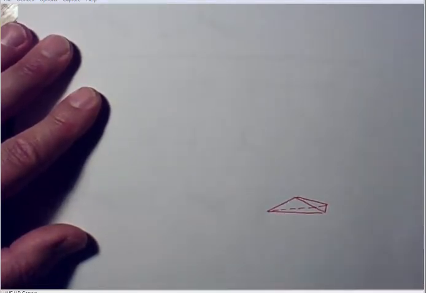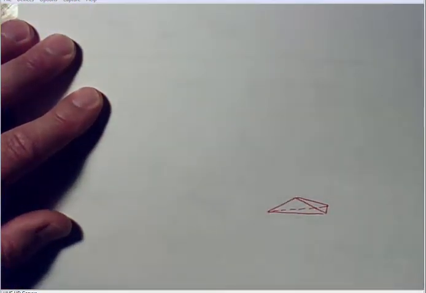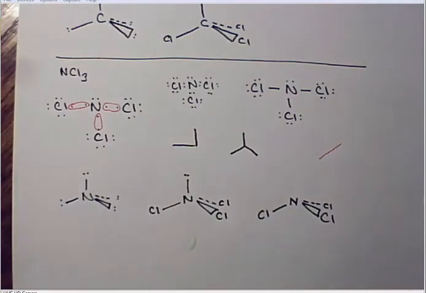What does that look like? It's a pyramid, but most pyramids have 4 sides, right? That makes sense? That's like a 3-sided pyramid, okay? Which is where we get the name from.